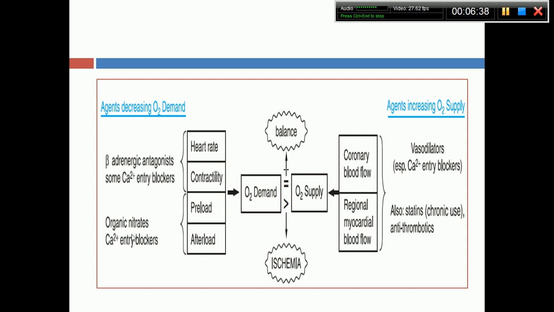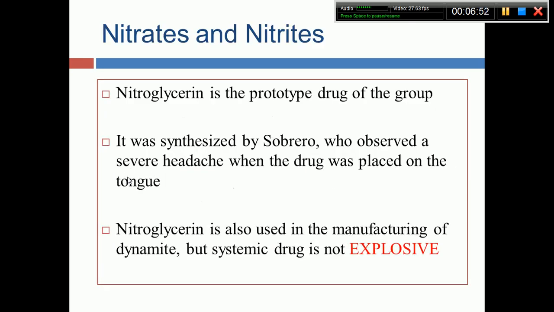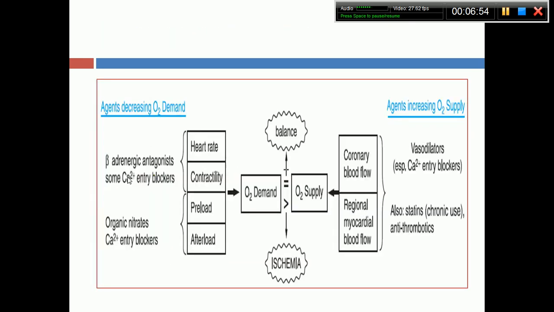Then organic nitrates and some calcium entry blockers will decrease preload and afterload. If you remember, what is preload and what is afterload?